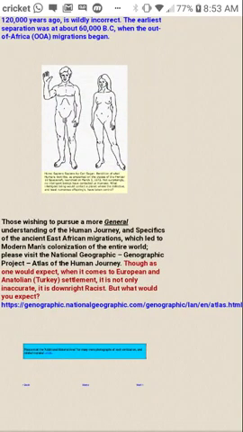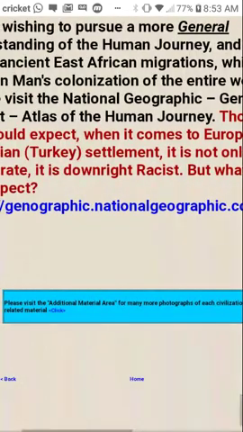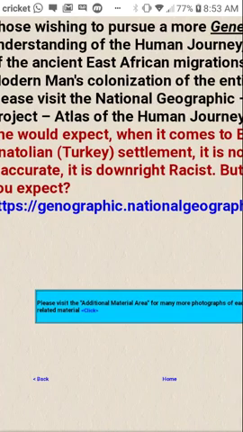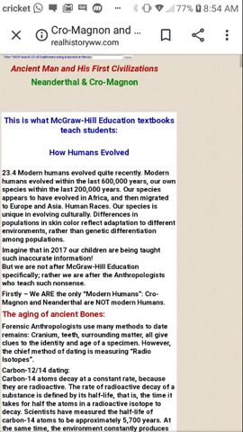And then once you get through the first part, you can click next, and it'll go to the next section. Or you can go home, or you can go back. So if you click next, which I just did, this is what McGraw-Hill education textbooks teaches students how humans evolve. Okay?